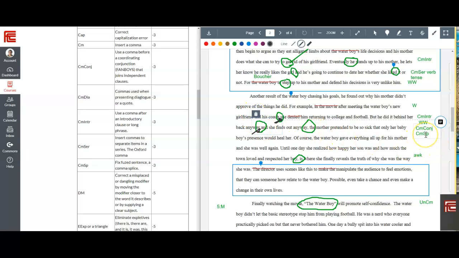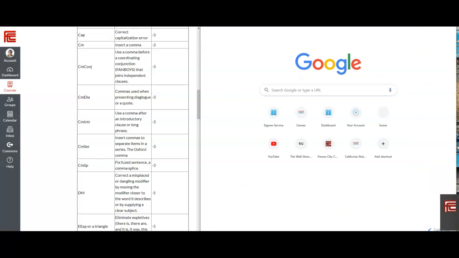So then the comma splice here aligns to this error here. And if we come over to comma SP, it means fix fused sentence, a comma splice. So let's come on over to Google, and we're going to search how to fix a comma splice.